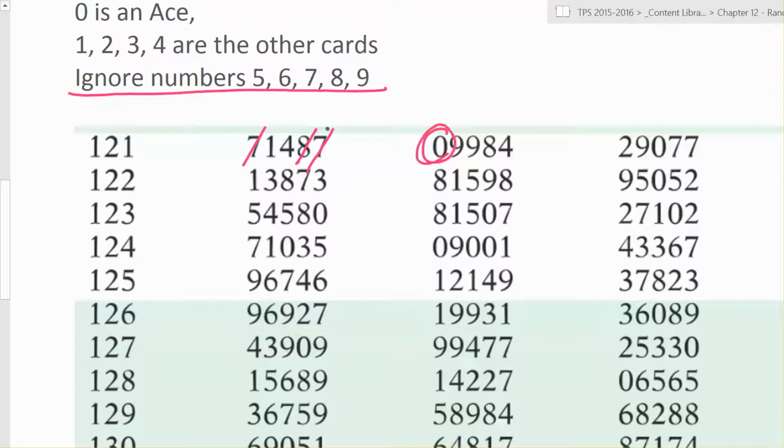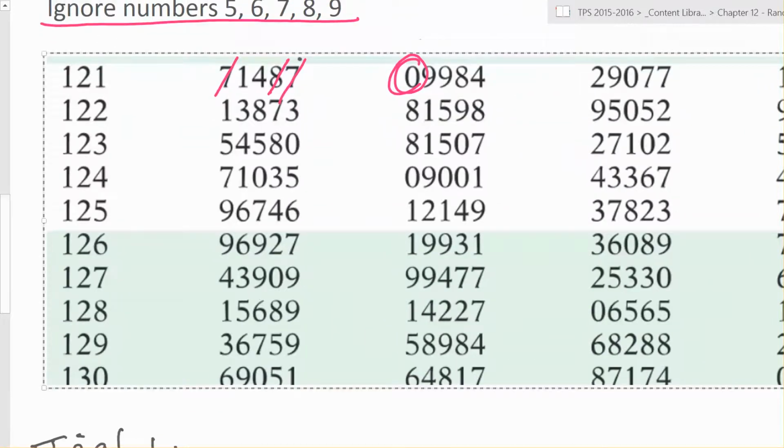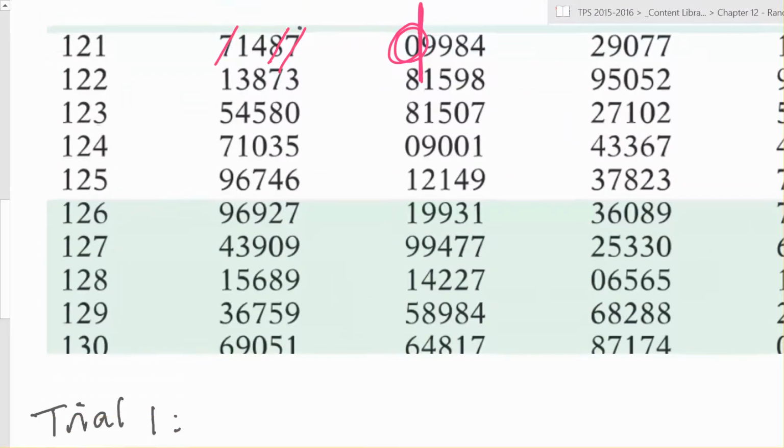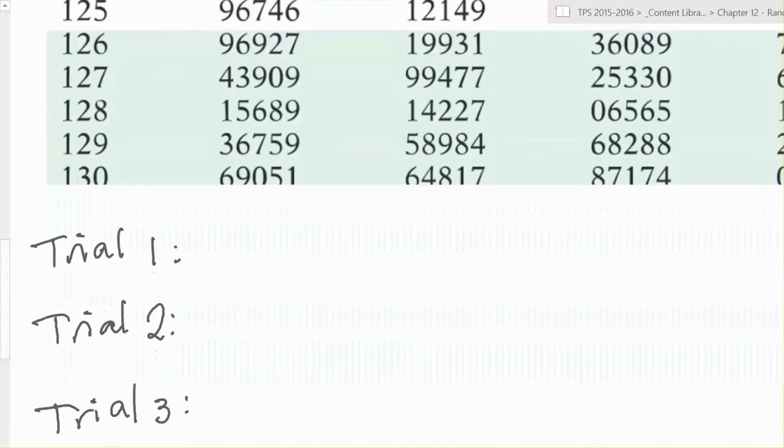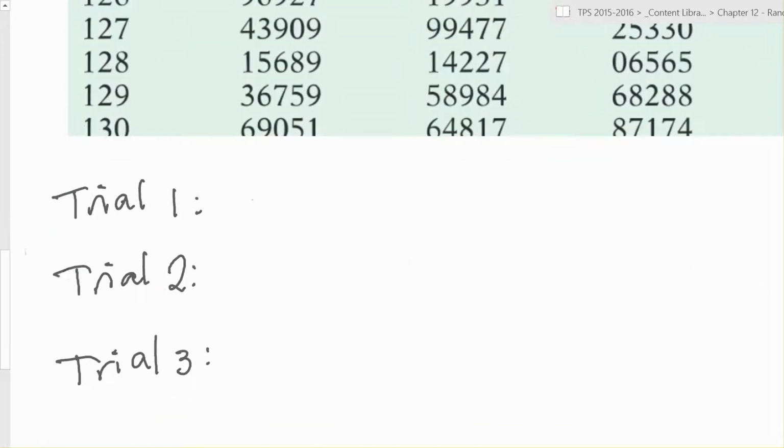There's the ace. Okay, and think about how many cards were ahead of it. There was a 1 and a 4, so that means 2 different cards came up, and then the ace was the third card drawn. I'm going to make a really obvious line here to show that that's the end of one trial. So for trial 1, I'm going to say the ace was third.